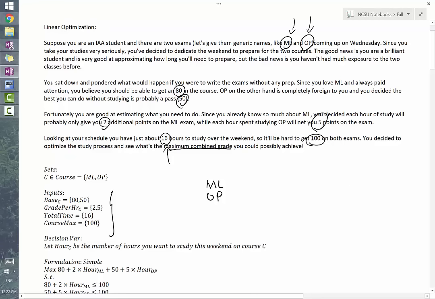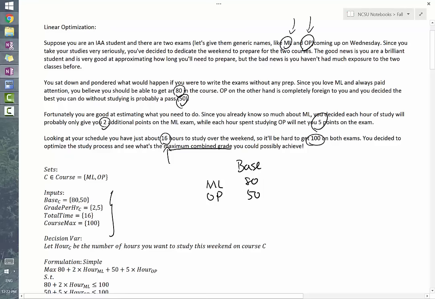So using this primary key, you could look up value of the inputs that we're going to be talking about. For example, our base grade. If I tell you use OP to look up base grade, you are going to tell me the base grade is 50. This corresponds to the base grade with subscript OP and having a value of 50.